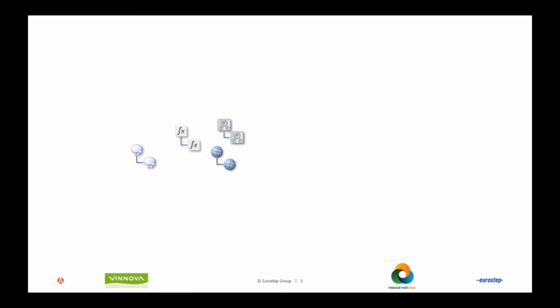We have spatial breakdowns and we have physical breakdowns.